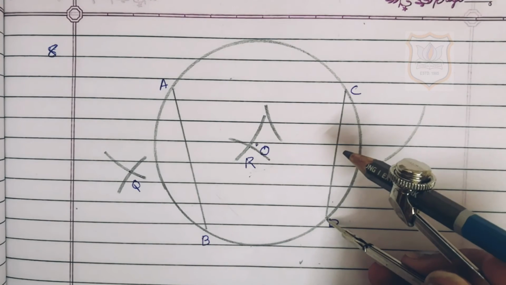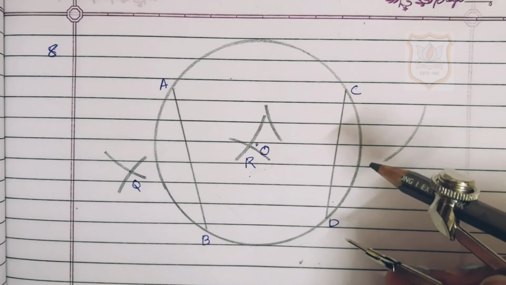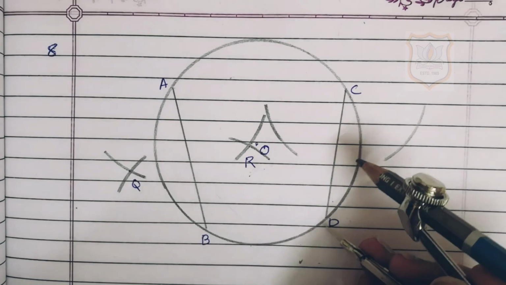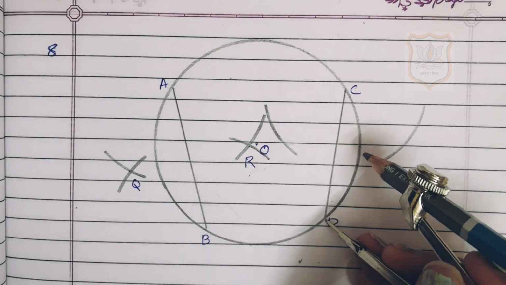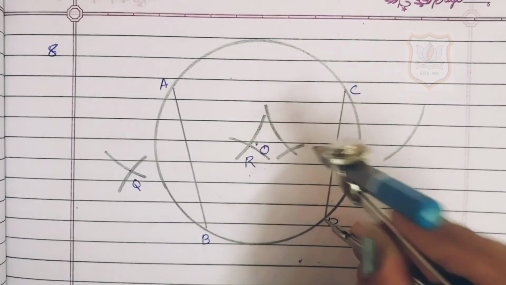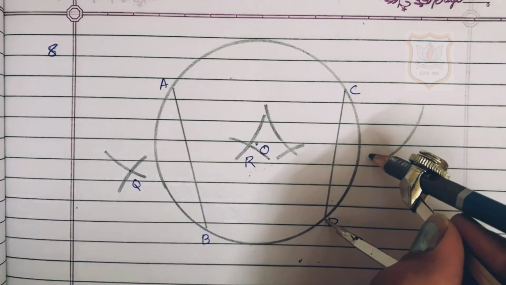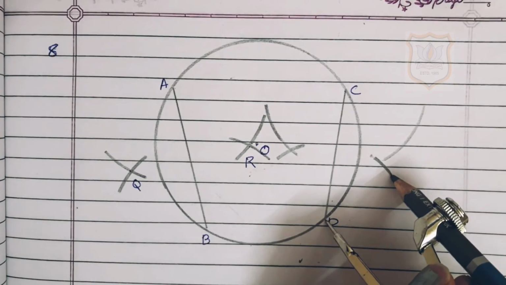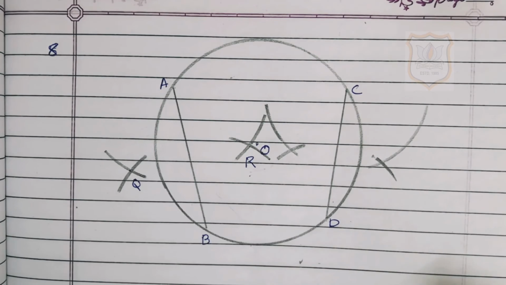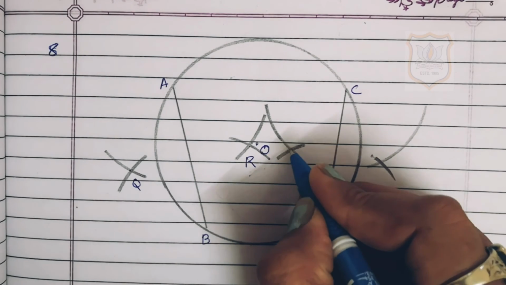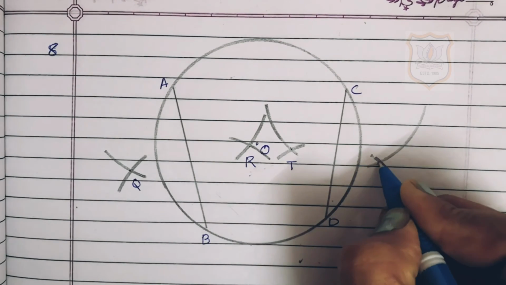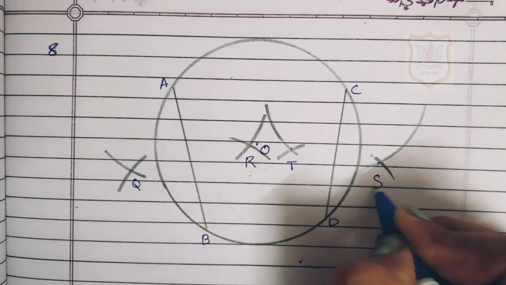Now with the center D and same radius, we will draw two more arcs to cut the previous arc. And students, we will name this point as T and this point as S.